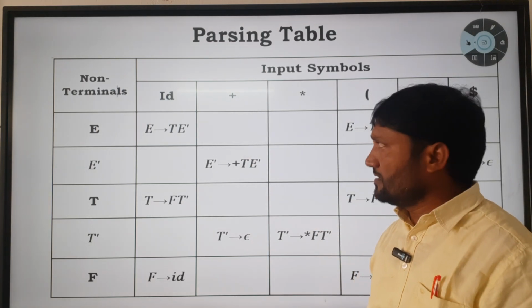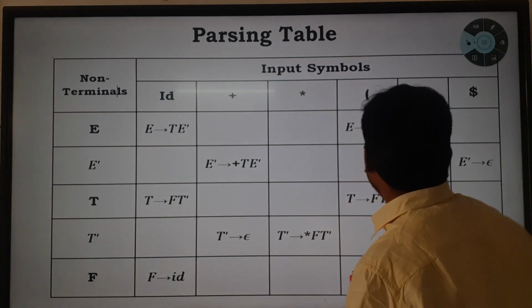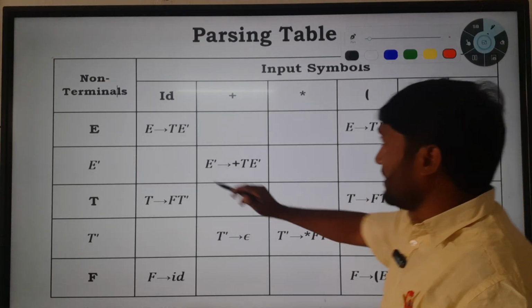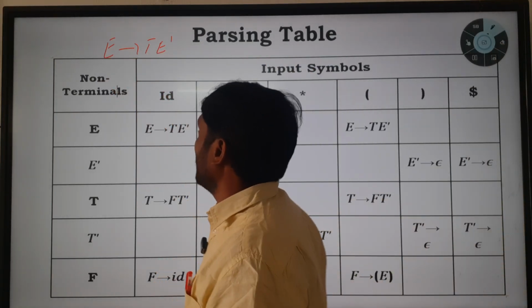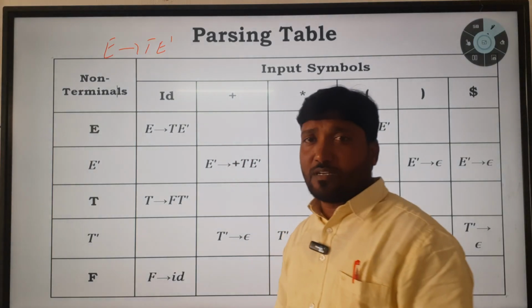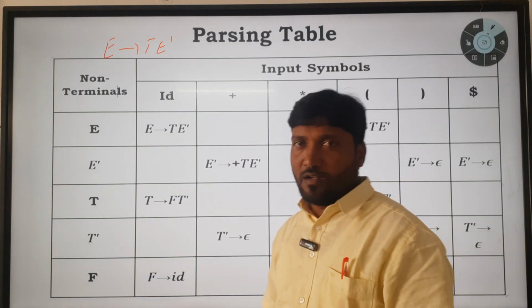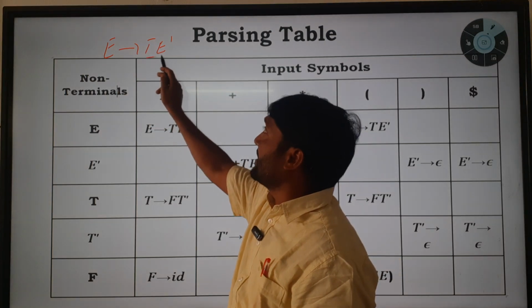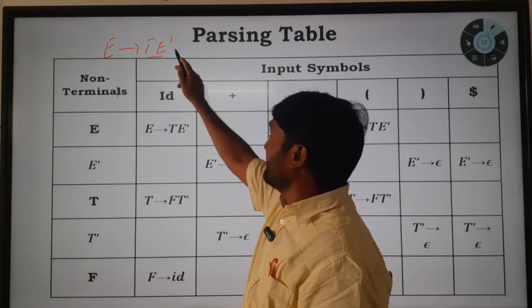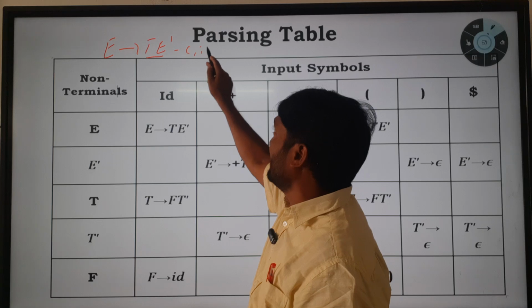Now we already discussed how to fill the parsing table for the production E derives T E dash. First of T E dash means first of T, which is open bracket and ID.